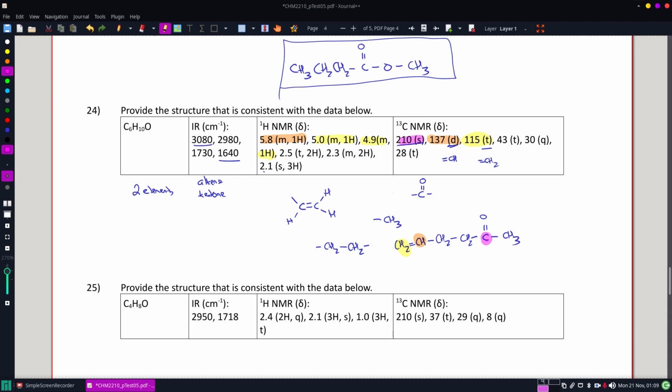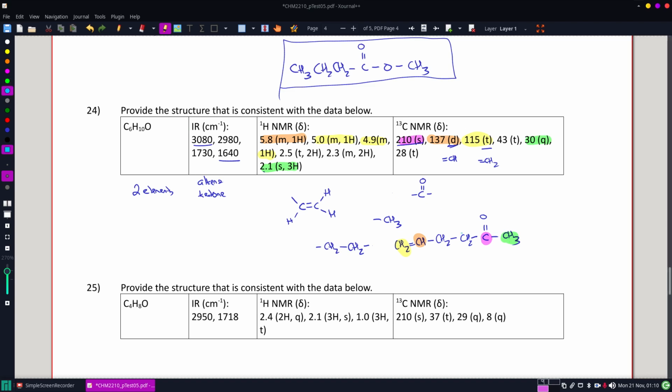That is this guy. And it's a singlet because it doesn't have any hydrogens, but it's so shifted because of the oxygen double bonded to it. And then the other one that's kind of obvious is this singlet at 2.1, which has to be this thing because it's all nice and isolated. And on our carbon integral, it's going to be a quartet, also deshielded.